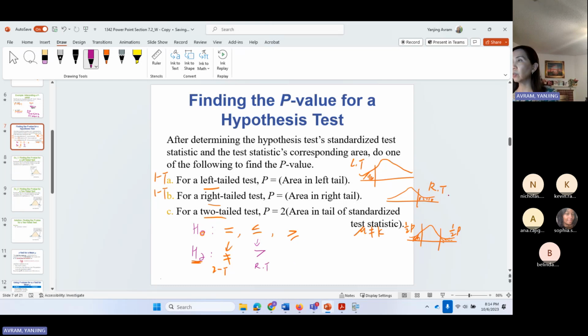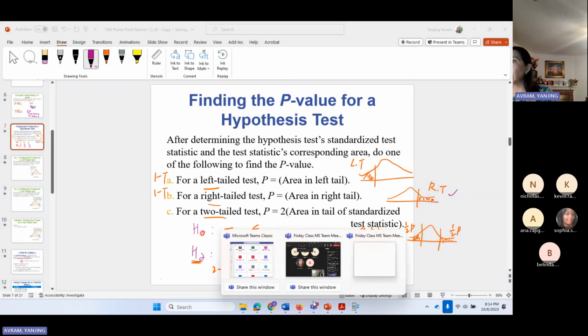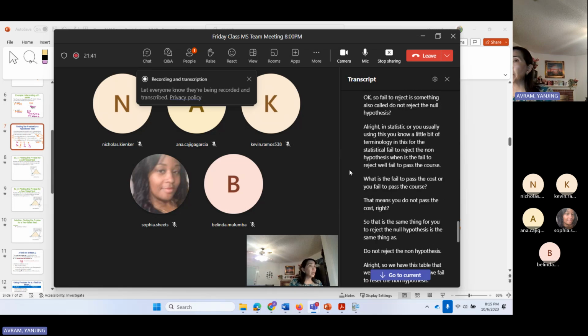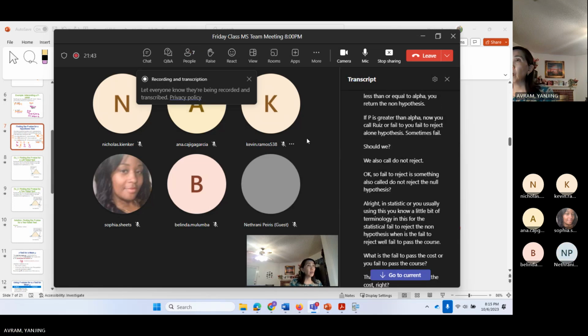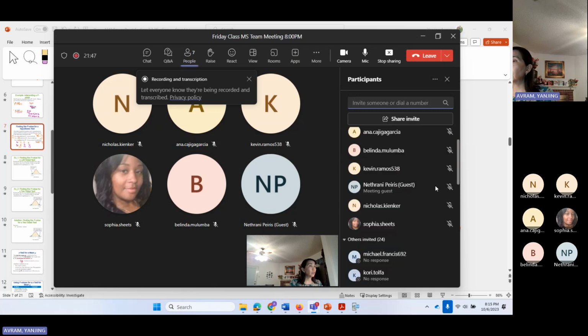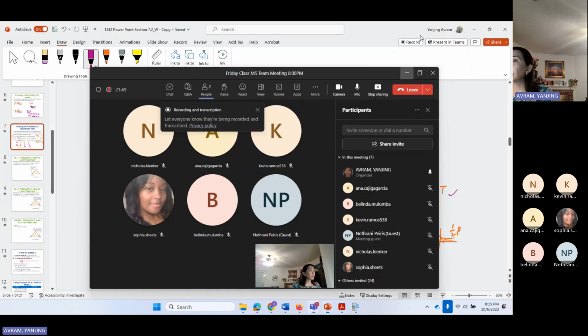If your null hypothesis has greater than or equal to, your complementary will be less than, and less than is a left tail test. So when you look at left tail or right tail, you always have to look at the alternative one.